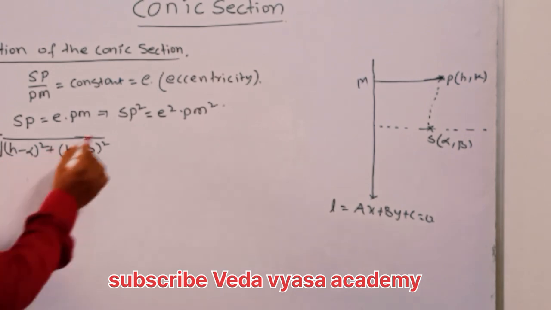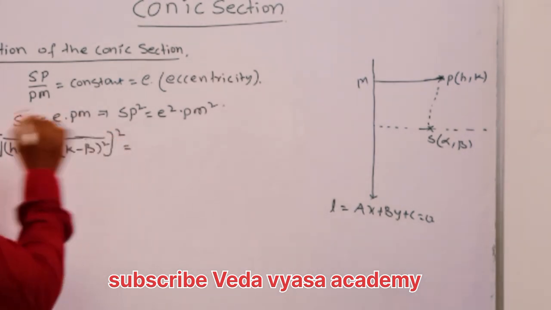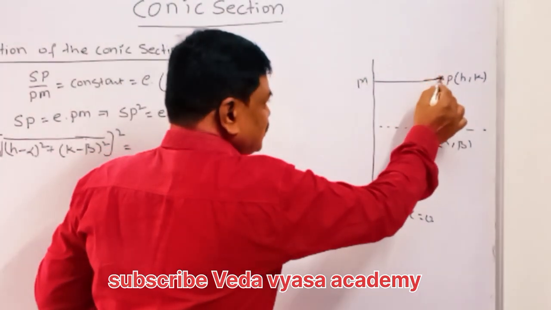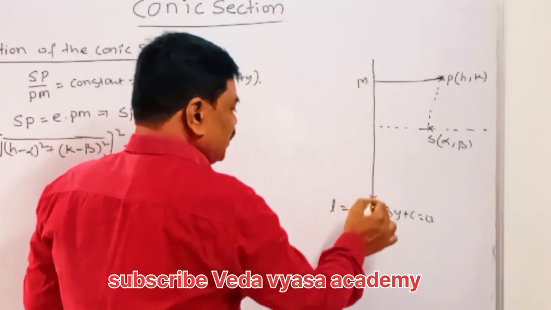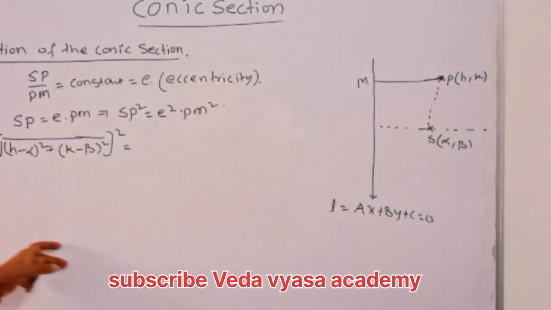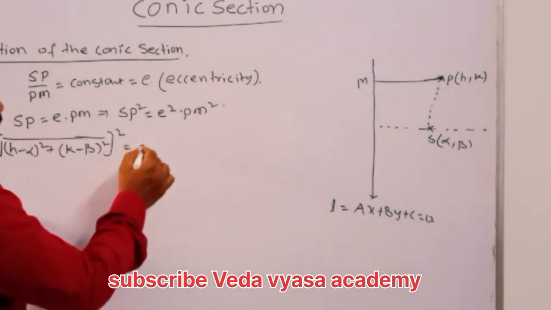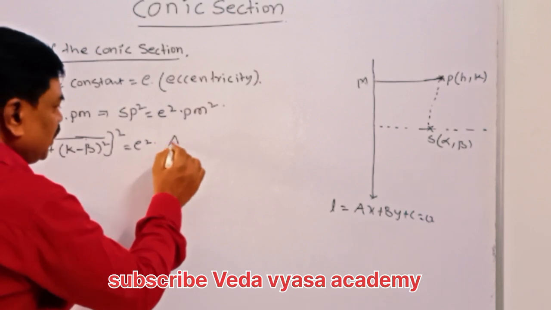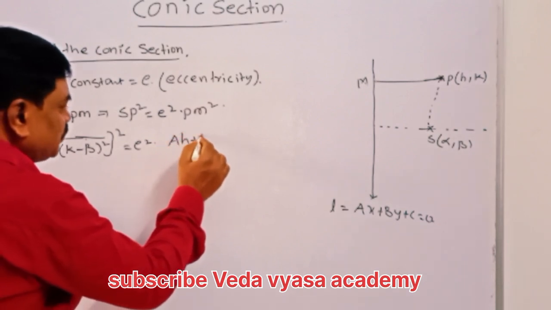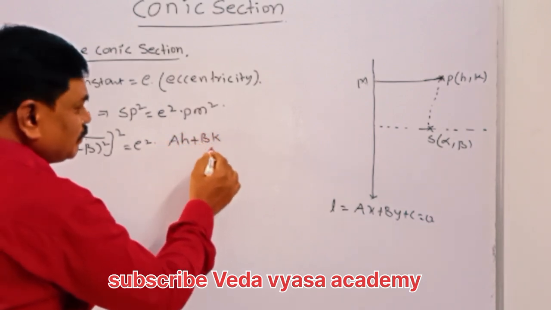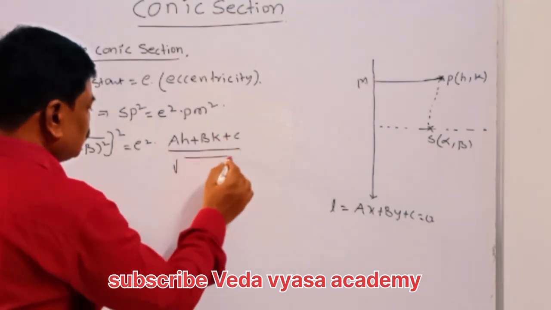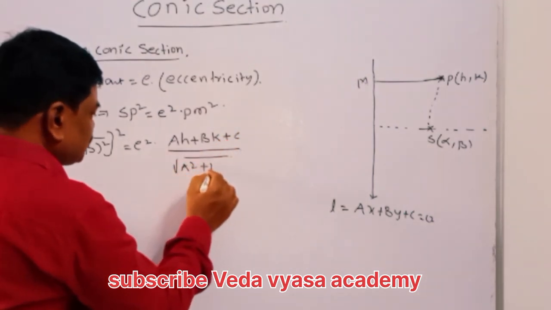The perpendicular distance from P to the line L is PM. PM is equal to (A into h plus B into k plus C) by root over A square plus B square.